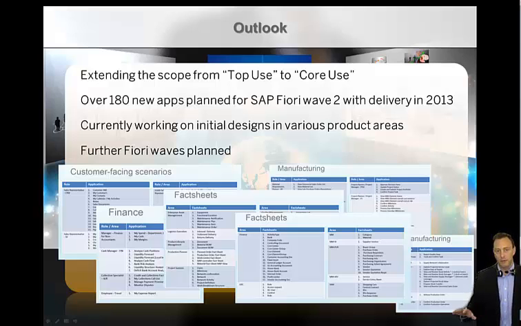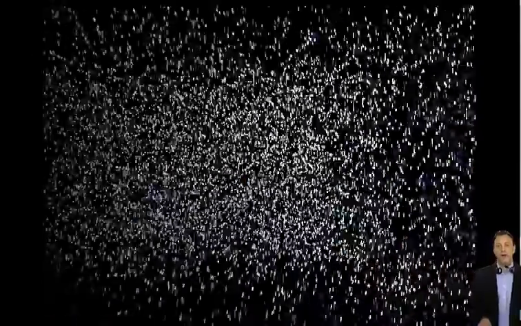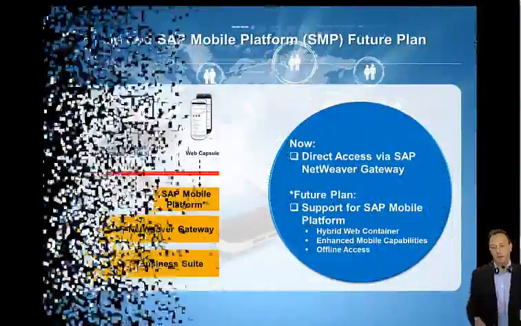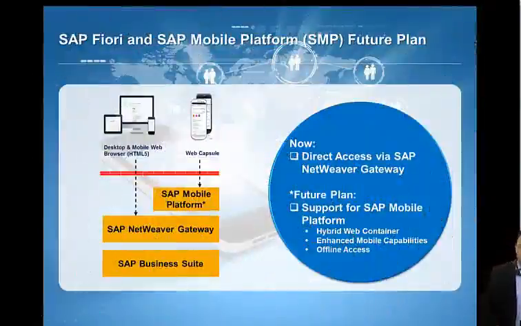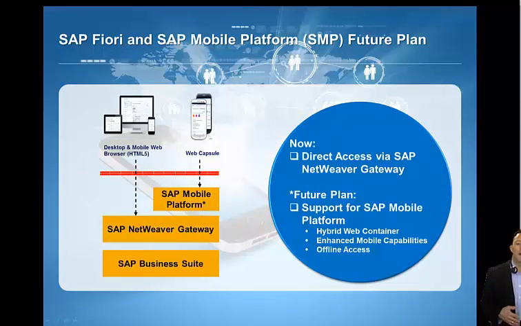In addition to that capability, what you will have noticed throughout all of the demonstration and throughout all of the theming and all of the examples that we've given you is SAP Fiori is online. With the addition of SAP Mobile Platform, specifically release 3.0, we will offer the ability to do offline OData capability. So as you can see on the screen, what we can do today is direct access from the desktop, the tablet, the mobile device.